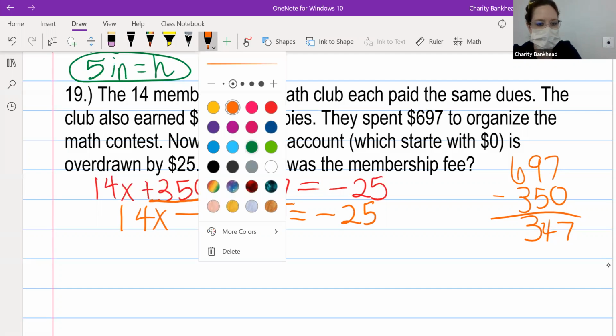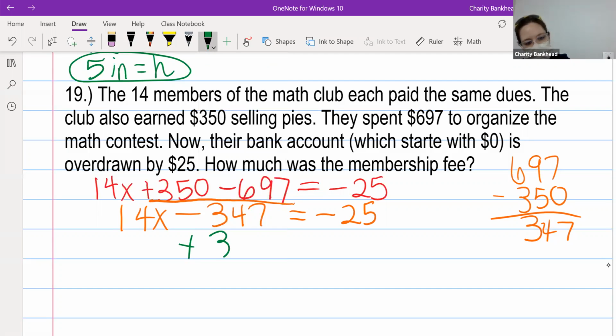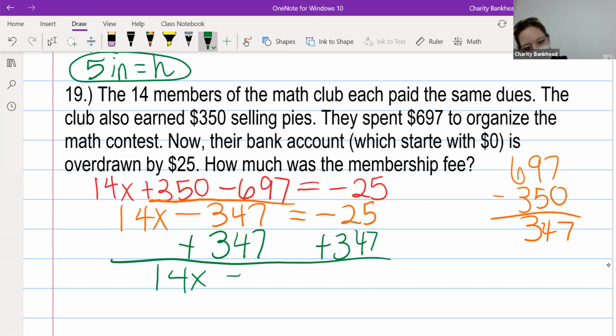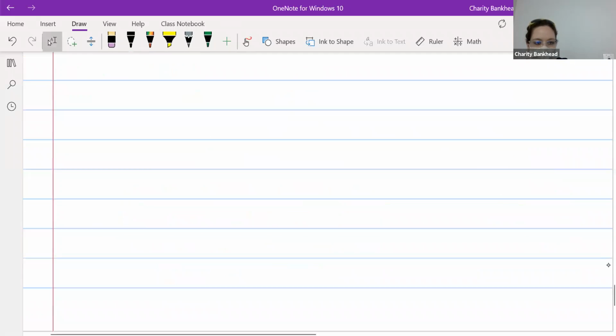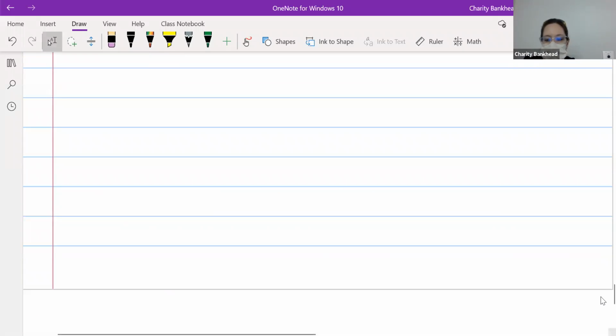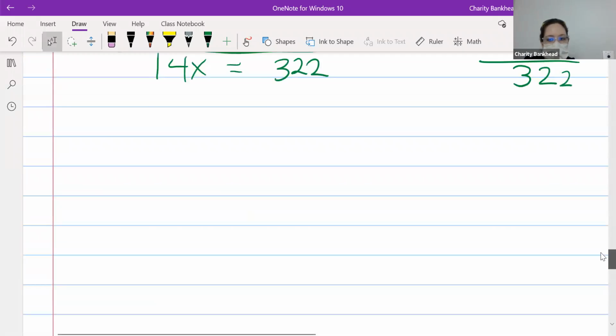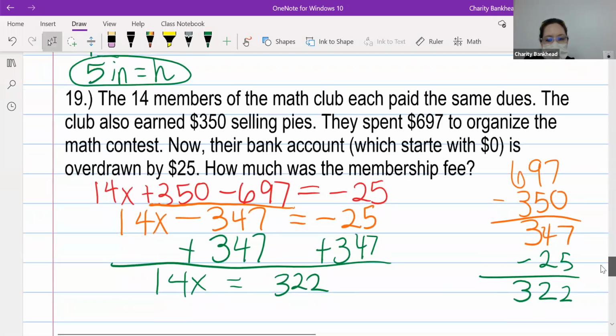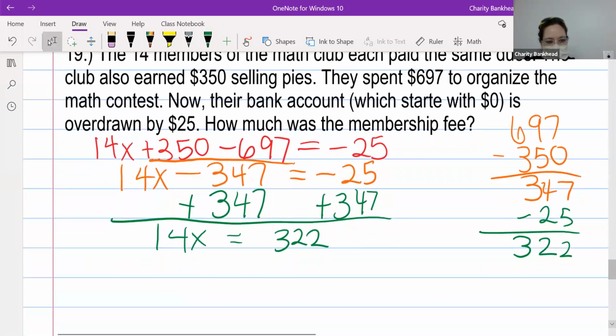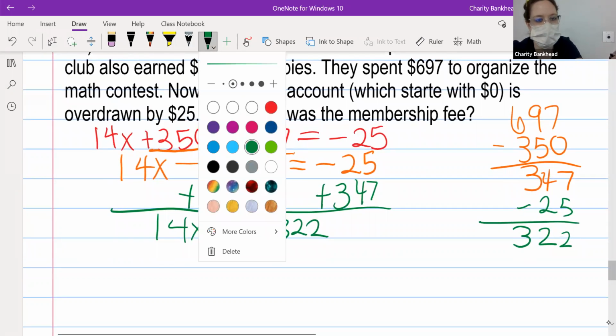And then next I need to add 347 to both sides. Okay, so that's basically the same thing as saying 347 minus 25, which is 322. And then we just need to divide both sides by 14.